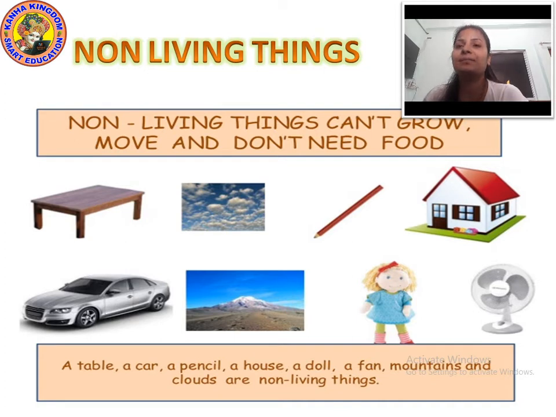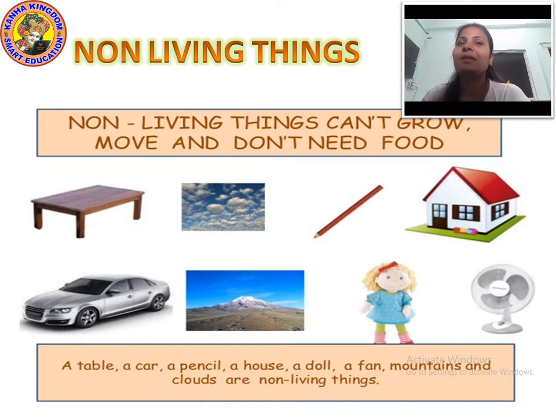A pencil is also a non-living thing. A doll. We all play with dolls, right? But did your doll grow? No, right? Because a doll is a non-living thing. A doll cannot grow, cannot move, and doesn't need food.